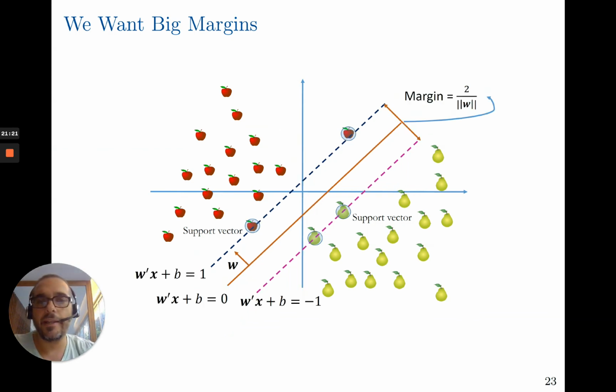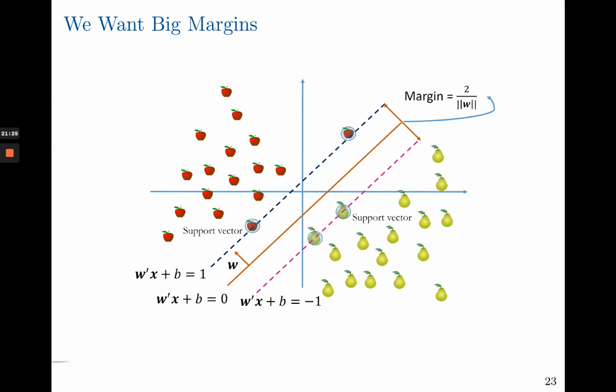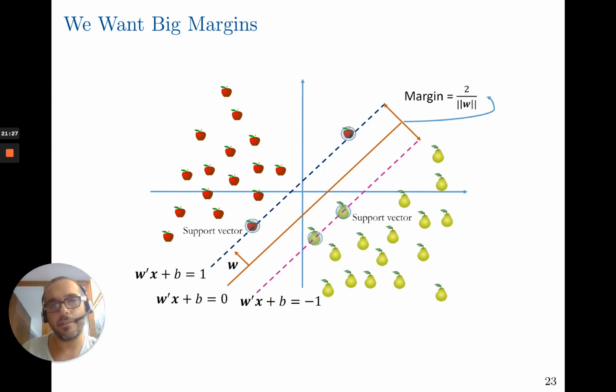And we can define the margin exactly. It's the distance between the two hyperplanes as defined here. Okay, and now think for a second. If we have large margins, it means that the apples and the pears are very clearly separated into two regions.